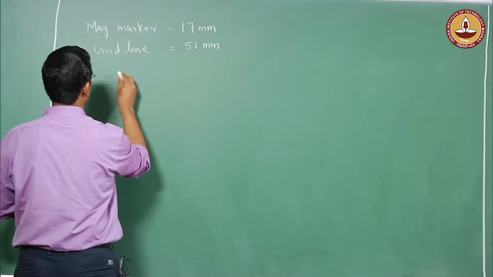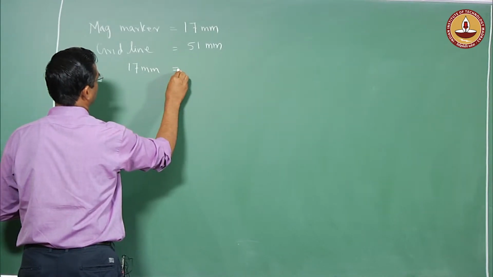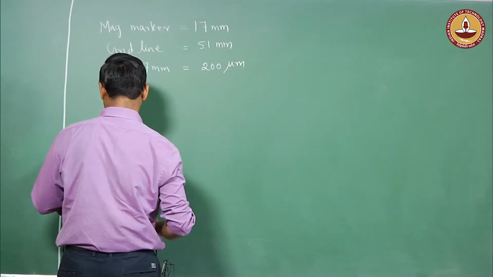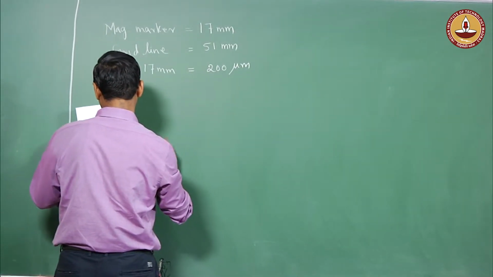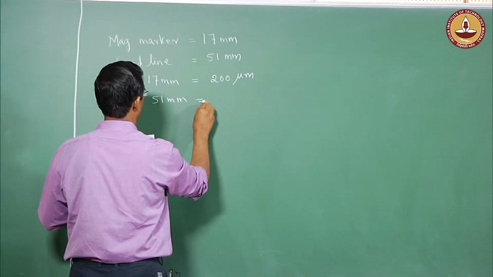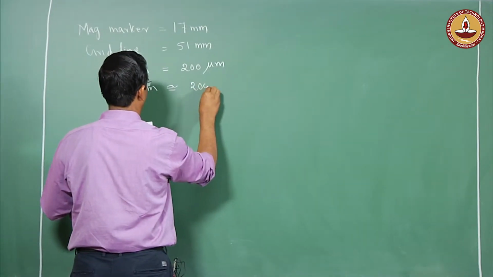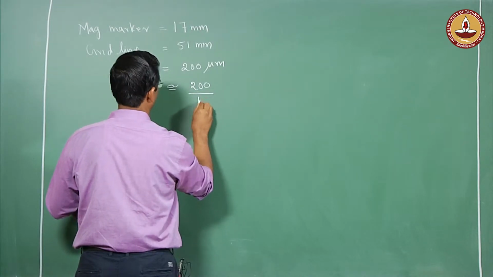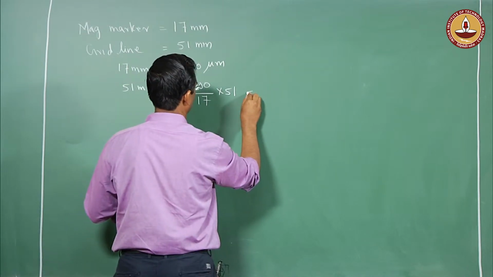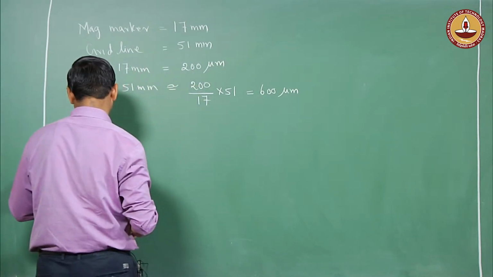So, that 17 mm which we have measured with our scale is equivalent to 200 micrometer. So, we have 51 mm, and approximately you can calculate by 51 divided by 17 into 200, which is equal to 600 micrometer.